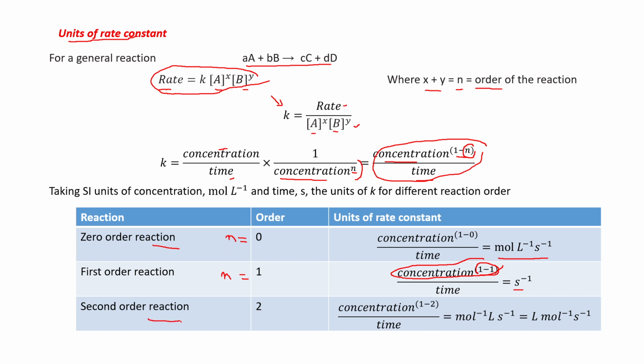Now for a second order reaction, n is equal to 2, that is concentration^(1 minus 2) divided by time. 1 minus 2 means minus 1, so concentration power minus 1. If concentration is in mole per liter, then we can say mole minus 1 liter second inverse, or we can also write it like this: liter mole inverse second inverse. Is it clear? It means if the unit of the rate constant is given, you must be able to find out the order of that reaction.